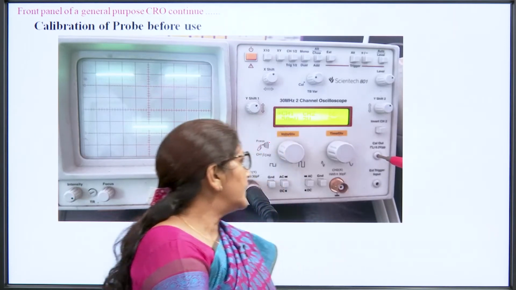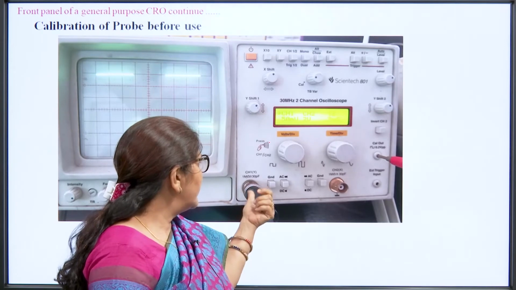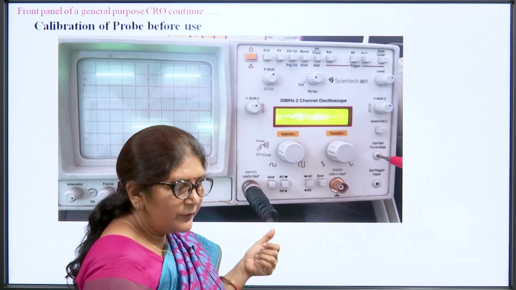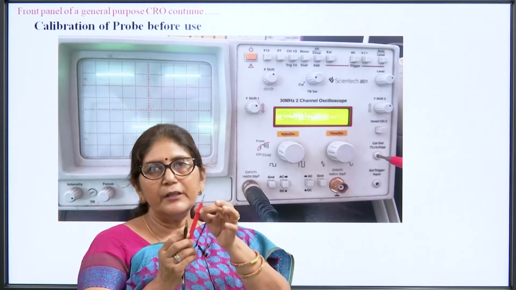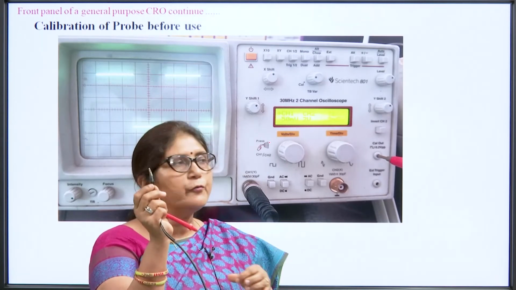Then, yes, this is the calibration. What I have done is put this BNC knob at this position, and there are two parts: this red one is generally used for the positive, and this crocodile clip is used for the negative.